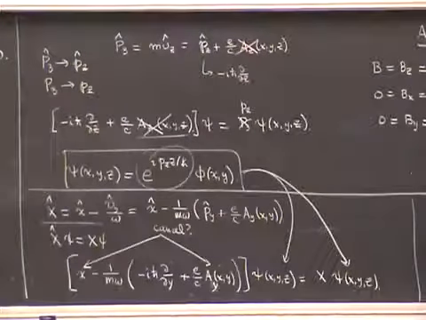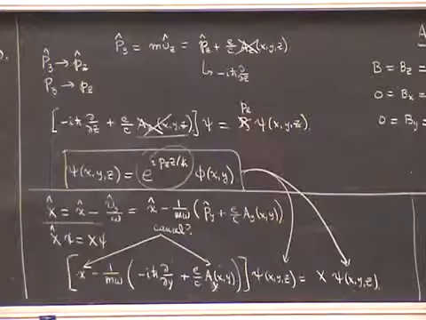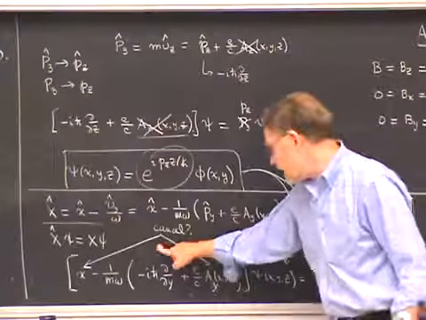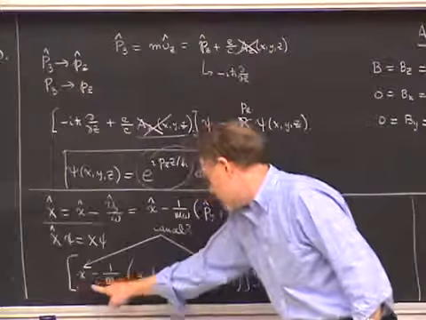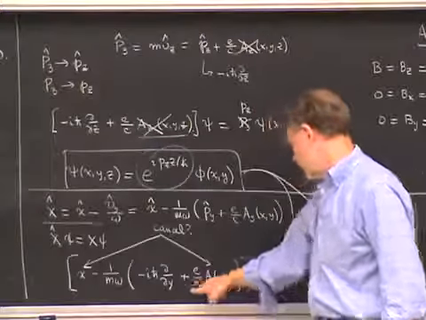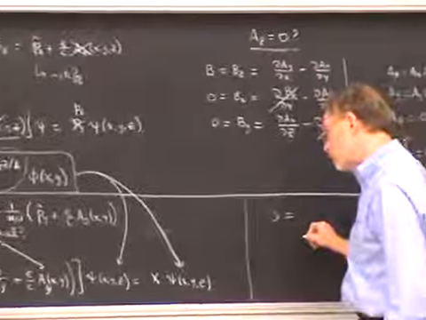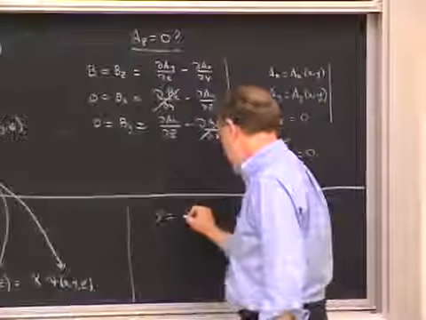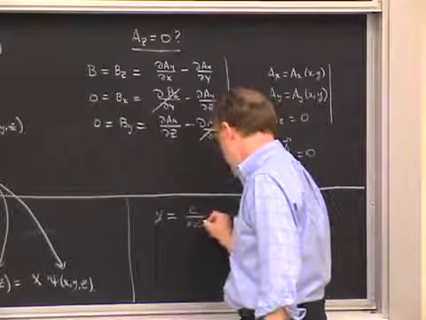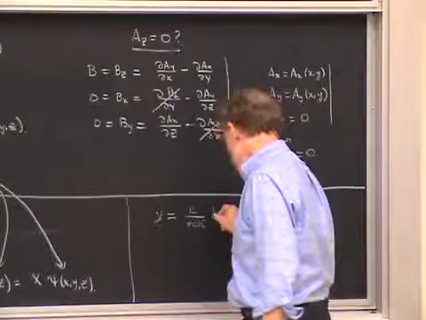All right, so can we do that? Well, if those two terms cancel, then the x here, there's a minus sign, 1 over m omega, and a plus sign here. So what we have to get is a condition that says that x is equal to e over m omega c times Ay.